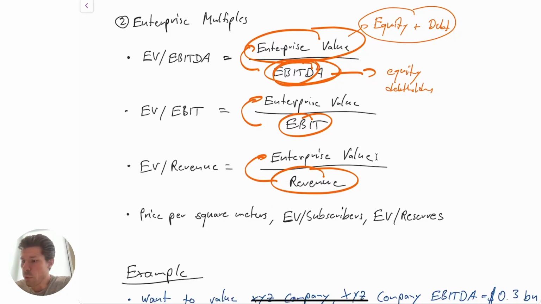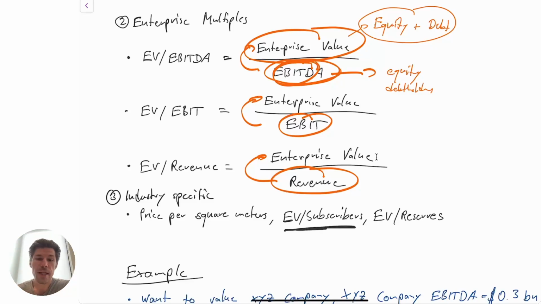And the third type is industry specific: price per square meter, enterprise value over subscribers, enterprise value over reserves in oil and gas. Here subscribers are for tech companies. So you can come up basically with very creative ratios to get an idea, and I show you how.